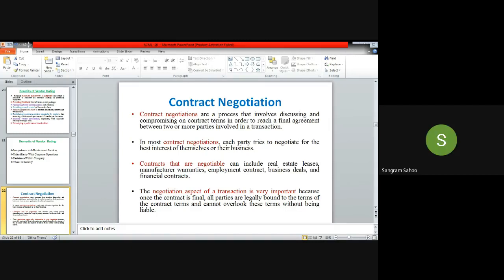To minimize the cost and to avail the product at the best price. Okay, the first one is minimizing cost. Any other point? Karan, Shubham, Karan, why is contract negotiation needed for a company? Yes, sir.